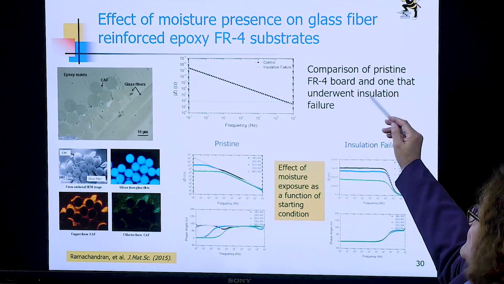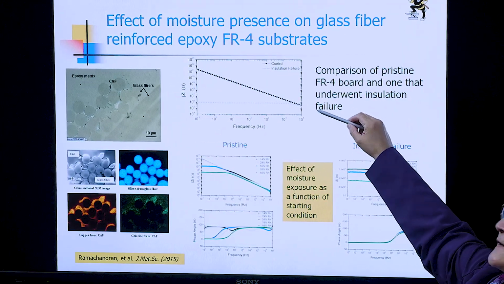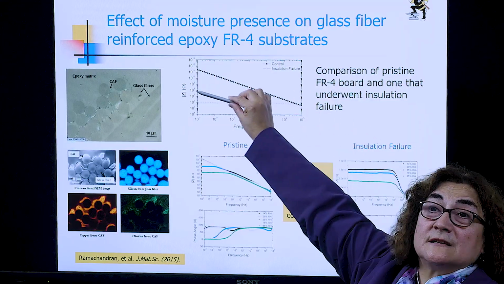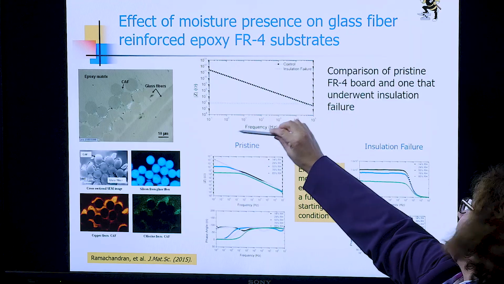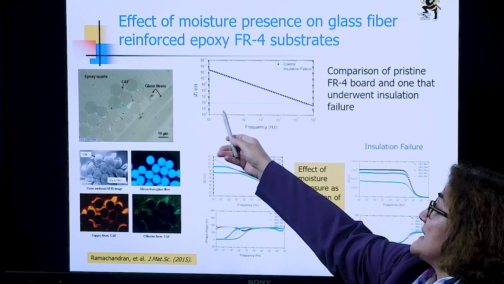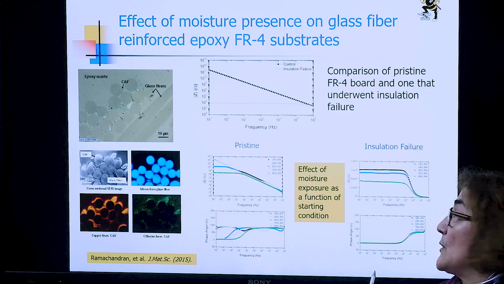But what I wanted to point out is if you have a good FR4 board, it should be fully insulating, just like a straight capacitor. But if it has undergone insulation failure, its impedance is going to be flat, like that of a resistor, and many orders of magnitude lower.